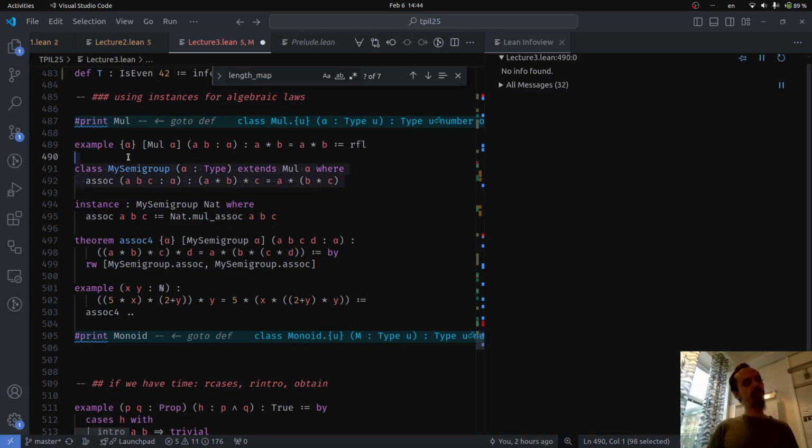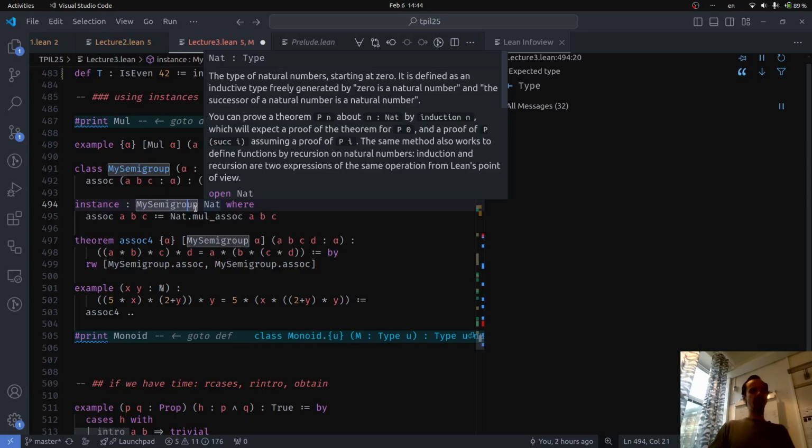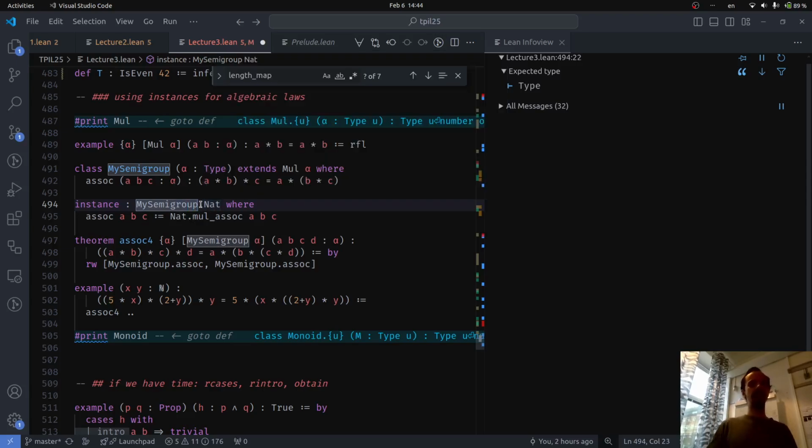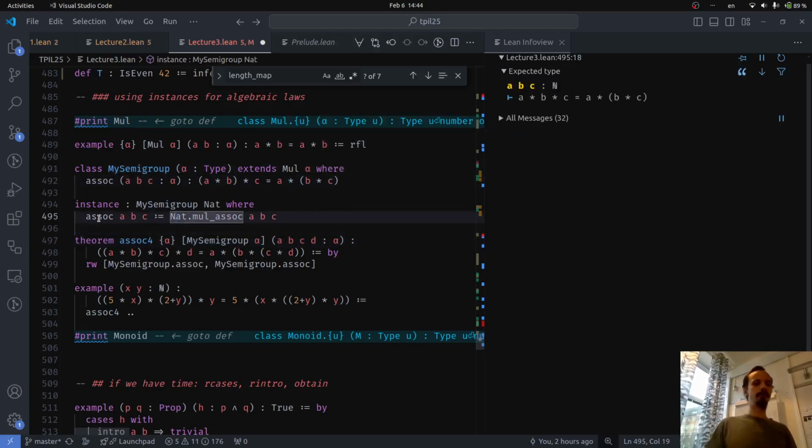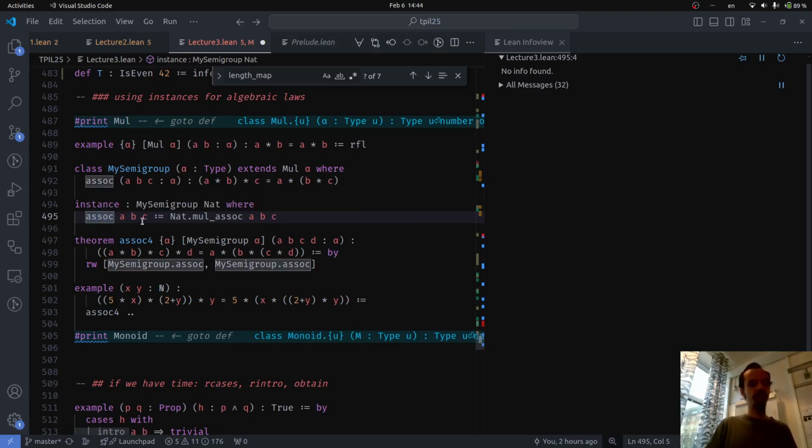That's how you can define a class like semigroup. You can define an instance like this. Natural numbers are a semigroup because they already have a Mul, the one that I've been using the whole time.